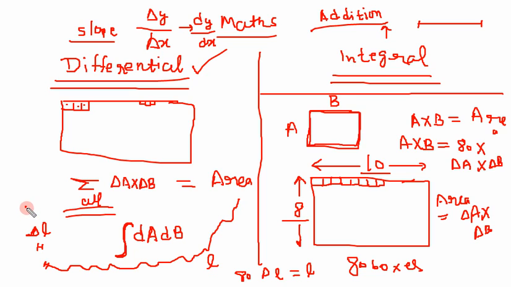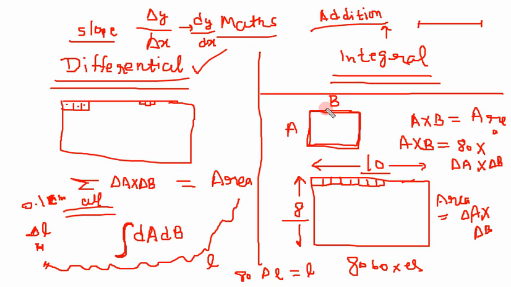Let us say this delta L is 0.1 centimeter, or 1 millimeter, and 80 of those are there.